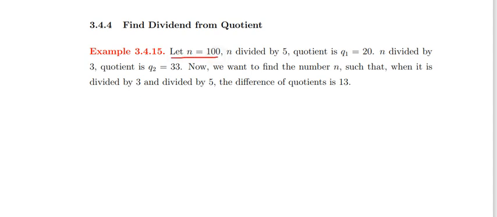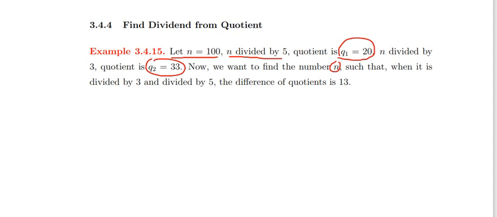So 100 divided by 5, quotient is 20, right? And 100 divided by 3, quotient is 33. So now from the quotients, we want to find this number n.